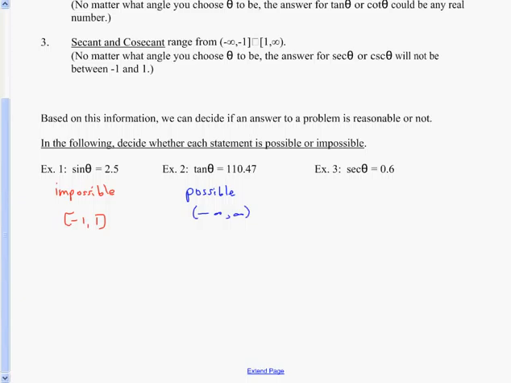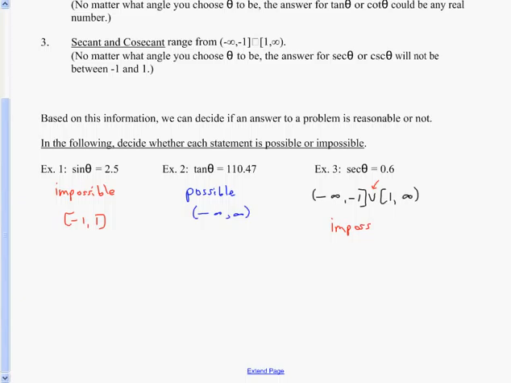And then the last one, secant of theta being 0.6. Well, secant ranges from -infinity to -1, which does not house that number, and then it skips over and begins with 1 up to +infinity. 0.6 is in this in-between state, so this is also impossible.